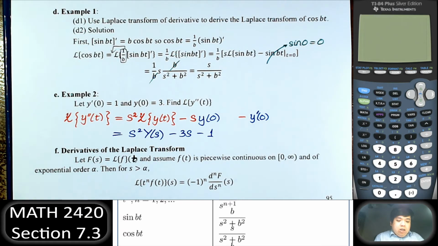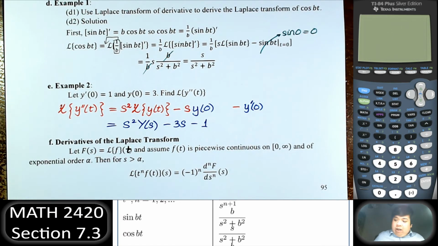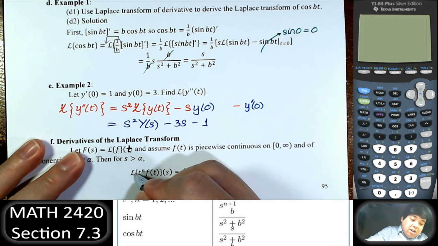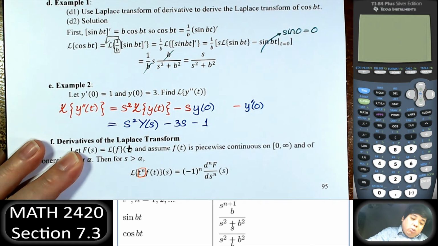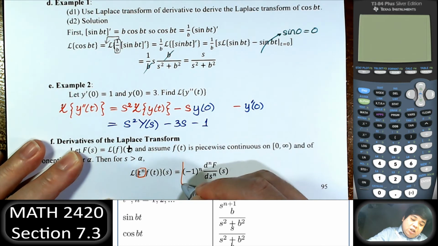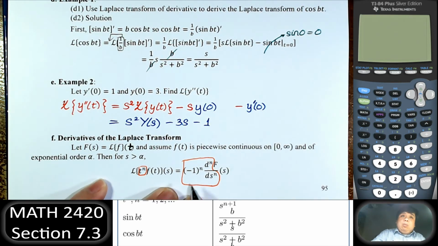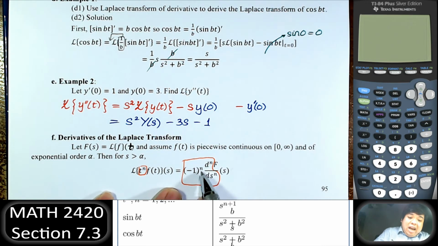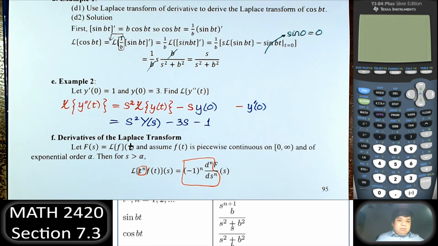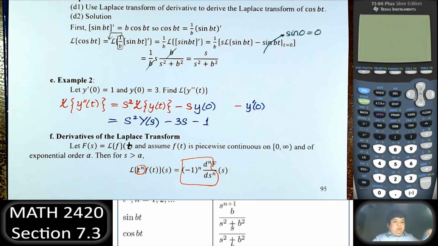Right. So when we transform this, now we have a different property. If the function is t to the n, what we do is turn that into negative 1 to the n power times the nth derivative of the transform. Right, so what does that mean?